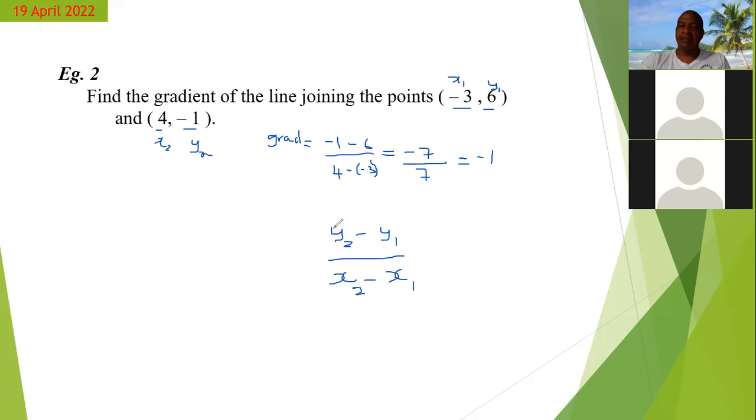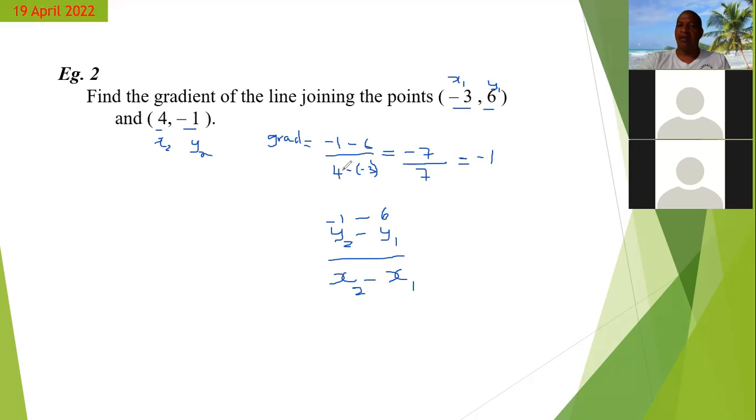We put y2, which is negative 1, and we put 6 for y1, but remember we are subtracting it.